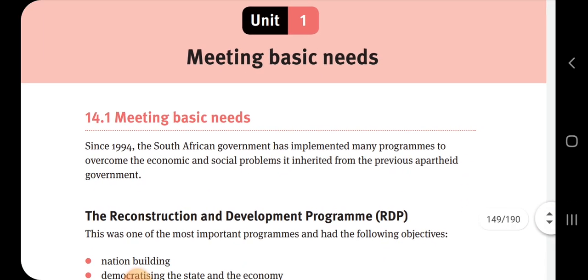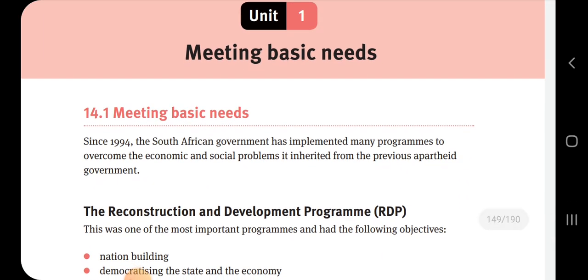So let's talk about meeting basic needs. Since 1994, the South African government has implemented many programs to overcome the economic and social problems it inherited from the previous apartheid government. When freedom came to South Africa, a certain political party gained power.